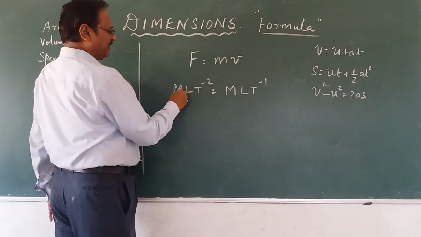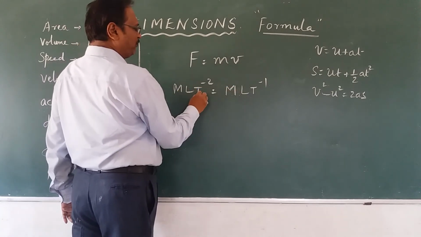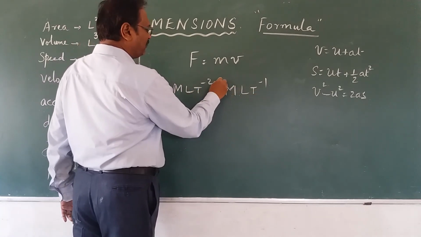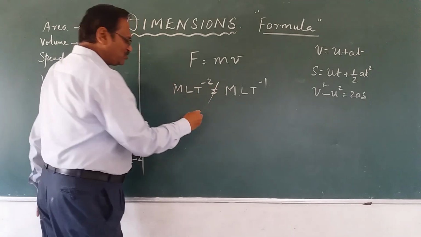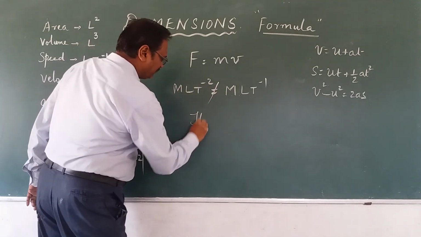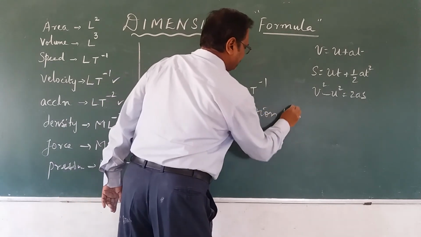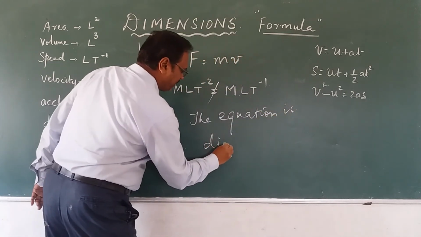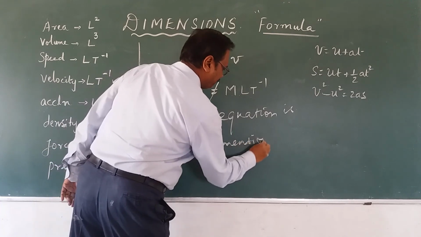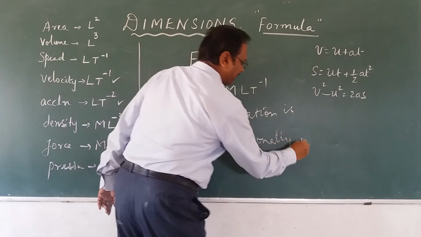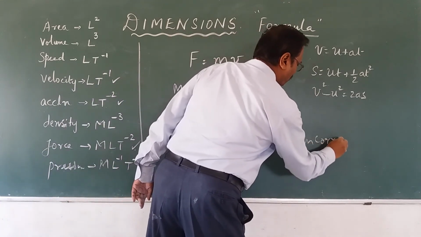Are they equal? L, but t power minus 2 and t power minus 1 are not equal. They are not the same. So the equation is dimensionally incorrect. Okay, incorrect or wrong, you can write.